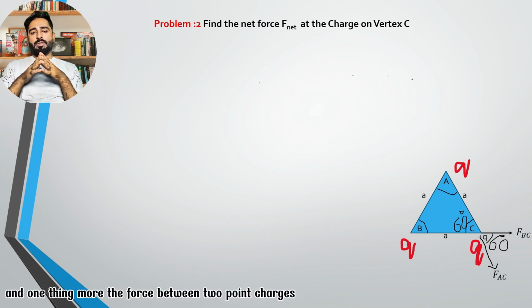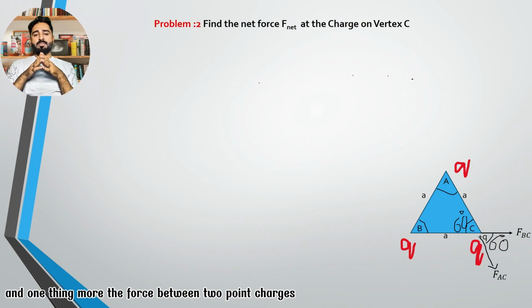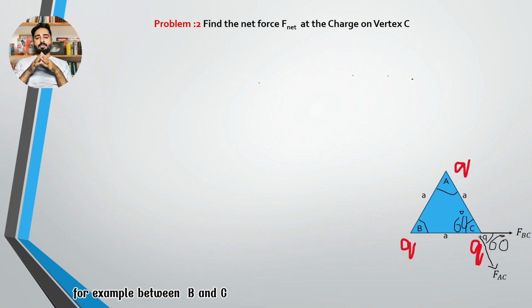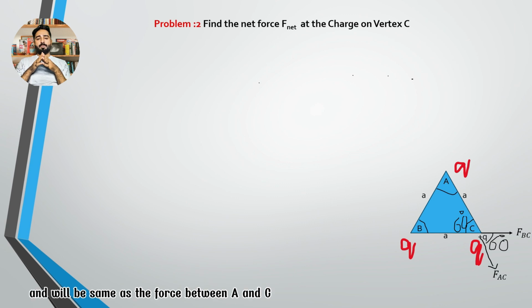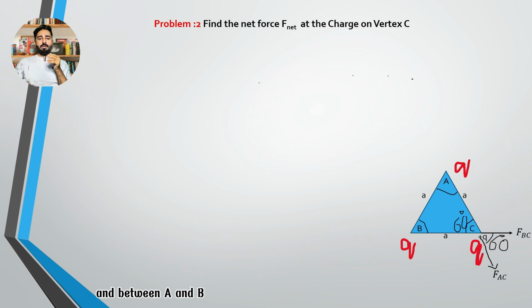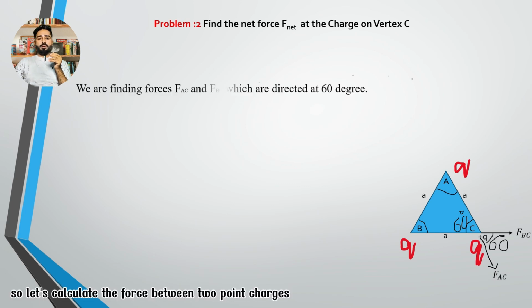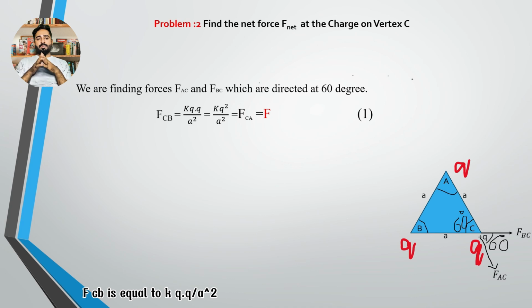And one thing more, the force between 2 point charges, for example, between B and C, will be the same as the force between A and C and between A and B. So let's calculate the force between 2 point charges. FCB is equal to KQ dot Q over A square is equal to KQ square over A square is equal to FCA, which is equal to F, which is showing that the forces between 2 point charges along each side of the triangle are equal or similar.